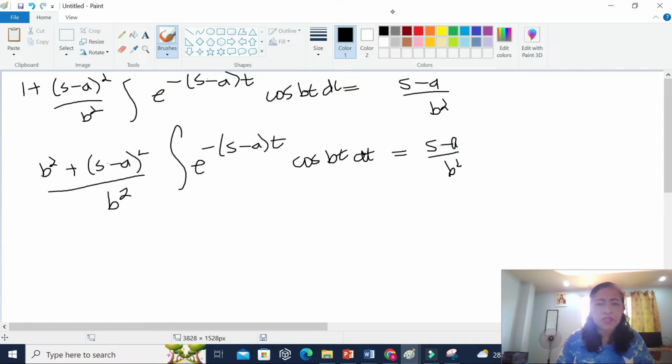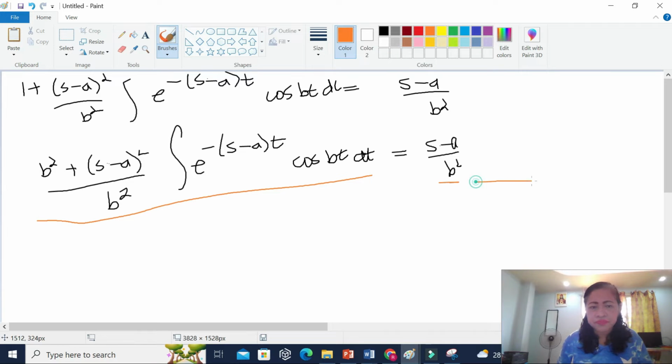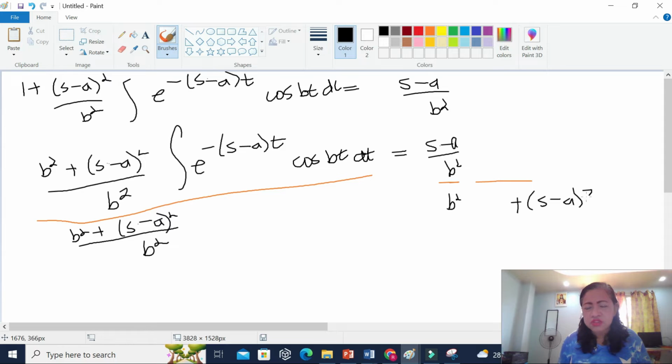Okay, so dividing both sides by B squared plus (S minus A) squared over B squared, this will cancel out.